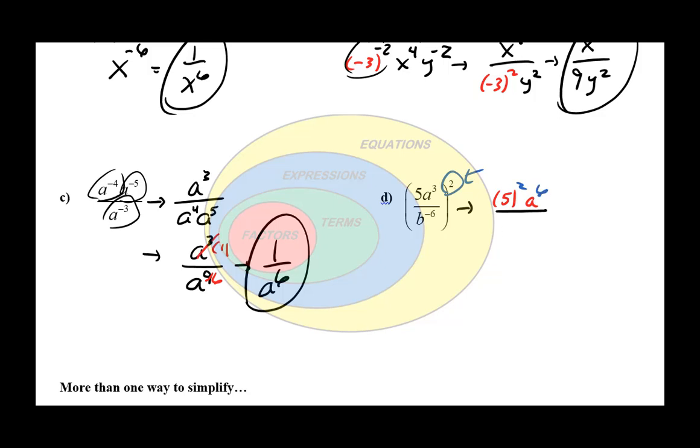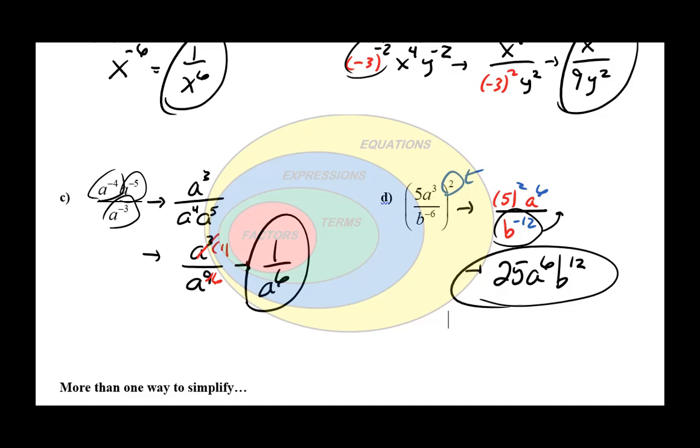And then a factor of b in the denominator would be negative 6 times 2, or negative 12. So again, we have a negative exponent. So the next thing I'm going to do is just choose to move this negative exponent to the numerator. So I would end up with 5 squared, which is 25, a to the 6th, and then b to the negative 12 would move up to the numerator as b to the positive 12th.